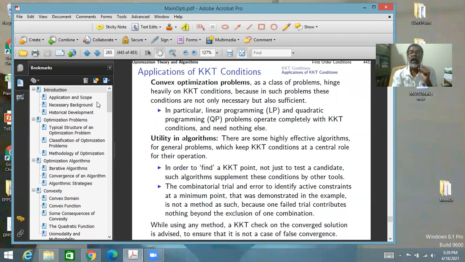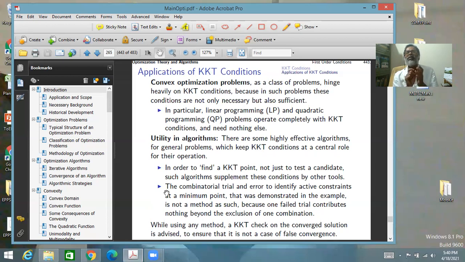So the combinatorial trial and error trick that we tried in the example can succeed in small problems, but that's not a method in general, because the failure of one trial in such a trick would mean nothing about the way to go for getting a good solution.